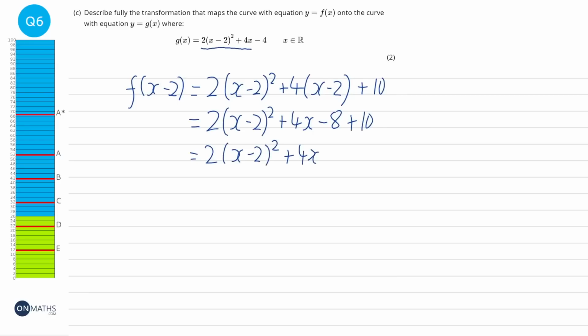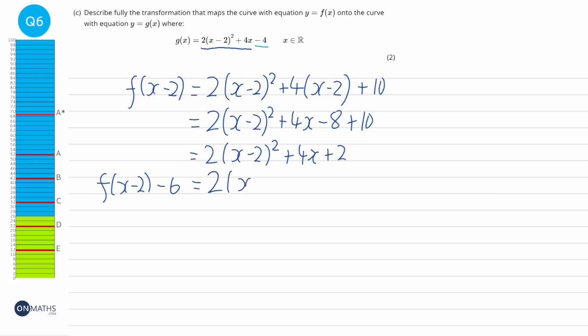Then we've got minus 8 plus 10, which would be plus 2. Now that's quite irritating because we don't want that to be plus 2, we want that to be a minus 4. So we've got to figure out, well, okay, so what do we have to do to that to get it to minus 4? So instead of just f of x minus 2, we're going to have to take away 6 to be able to get that to be minus 4.